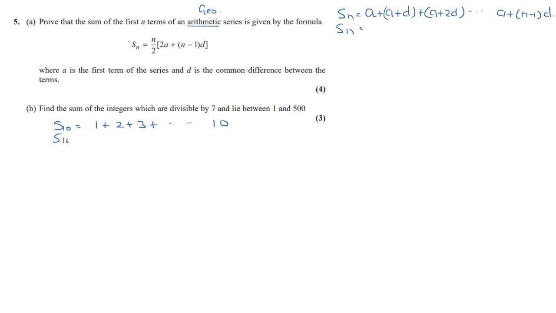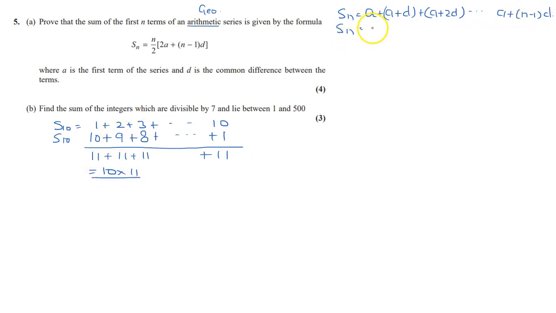We can write the same in reverse order: 10 plus 9 plus 8 and so on down to 1. Each pair is 11 plus 11 plus 11, so there are 10 of them: 10 times 11. We are going to use the same concept here.